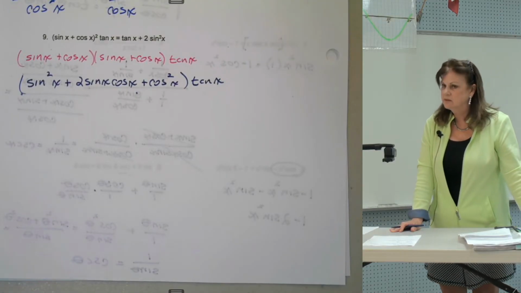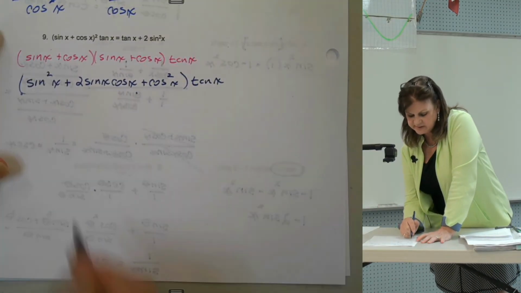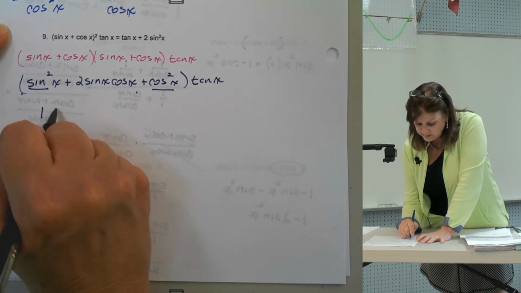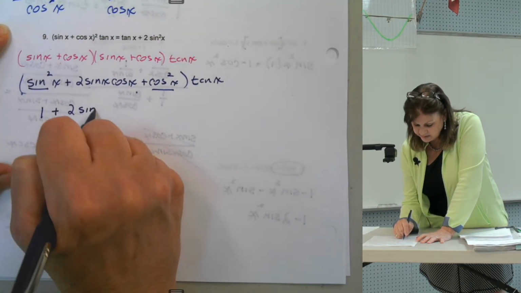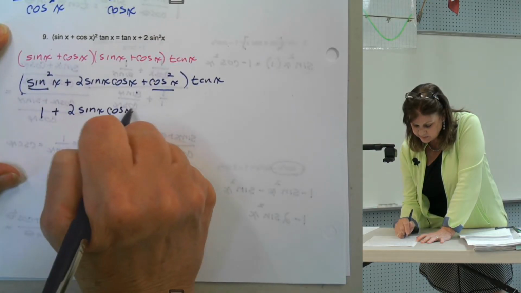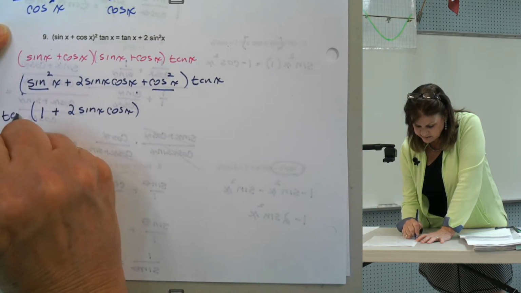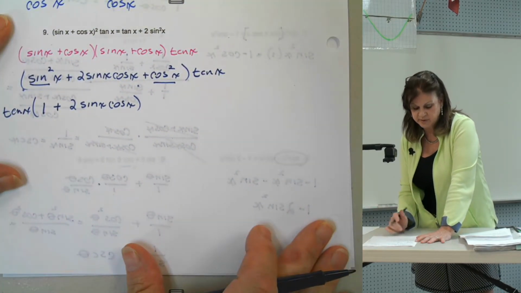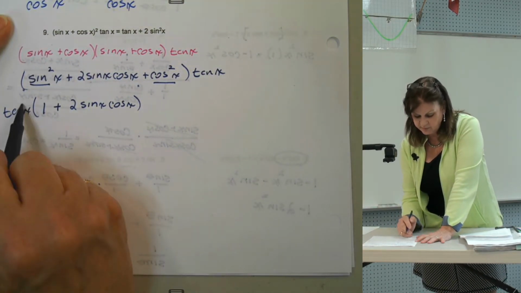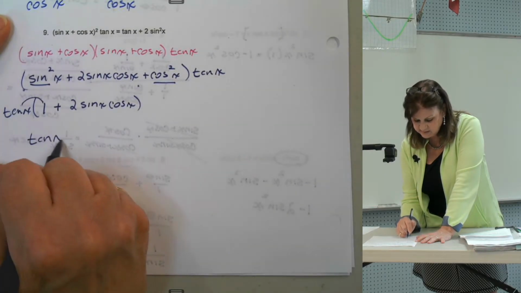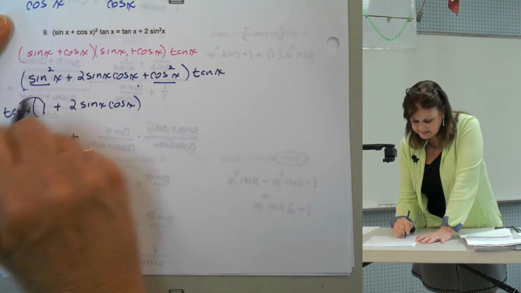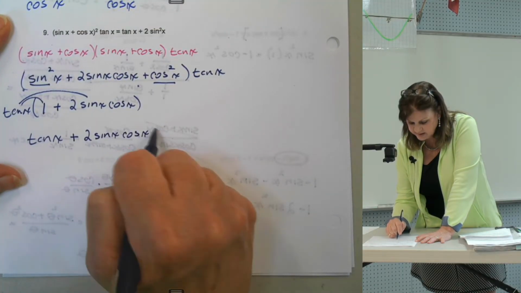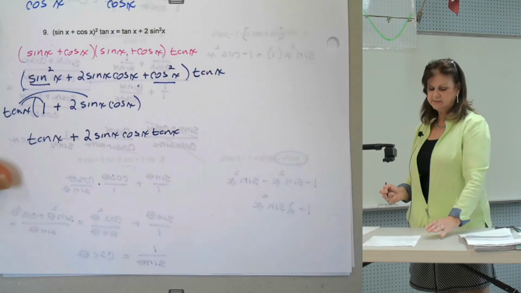Well, again, Granddaddy jumps in because sine squared plus cosine squared is 1. So I've got 1 plus 2 sine cosine times tan. I'm just going to move it to the front because it's easier to see for distributing. So here we go. We have tan x plus 2 sine x cosine x tan x.